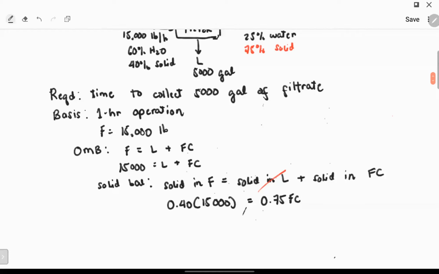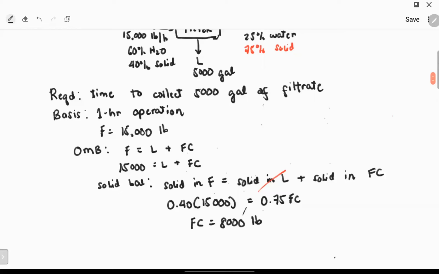In fact, that's one of the unknowns bago natin makalculate yung required time to collect the amount of filtrate. Solving this one unknown, FC, using your calculators, you will get 8,000 pounds.